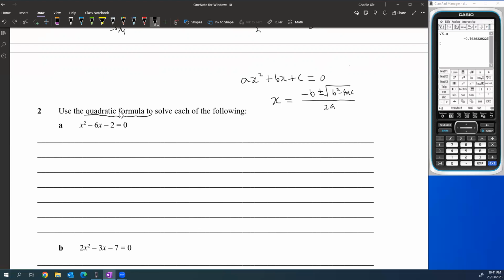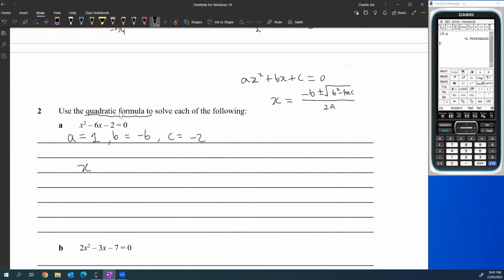Okay, let's identify. To apply this formula, the most important thing is you need to identify A, B, and C. So A would be the coefficient of x squared, that's 1. B would be the coefficient of x, -6. And C would be the constant term, -2.